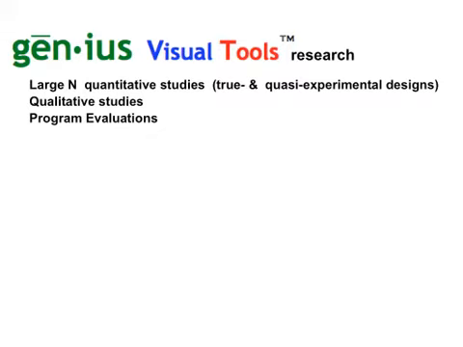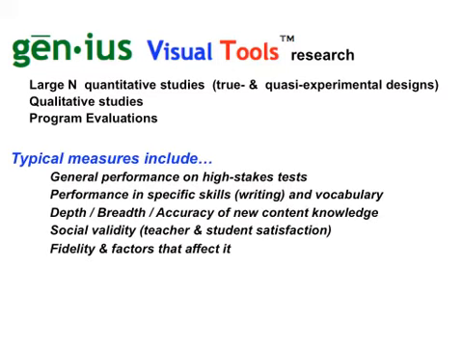Basically, we've conducted a series of large N quantitative studies that employ both true and quasi-experimental research designs. We've conducted some qualitative studies as well as some program evaluations. Typical measures include things like general performance on high-stakes tests, performance in specific skills like writing, knowledge of vocabulary, and so forth, depth, breadth, and accuracy of new content knowledge.